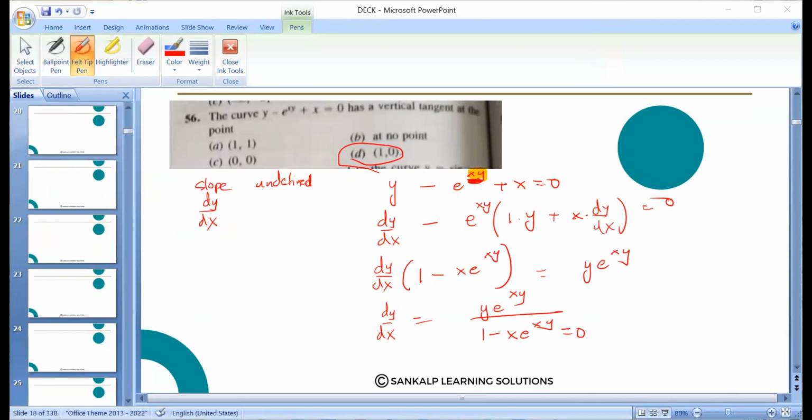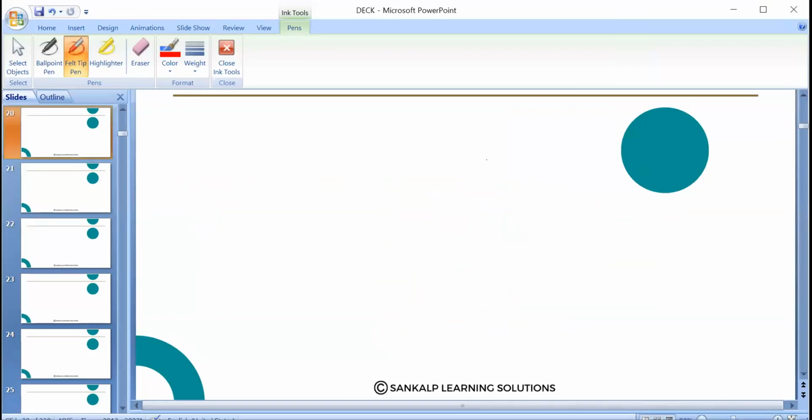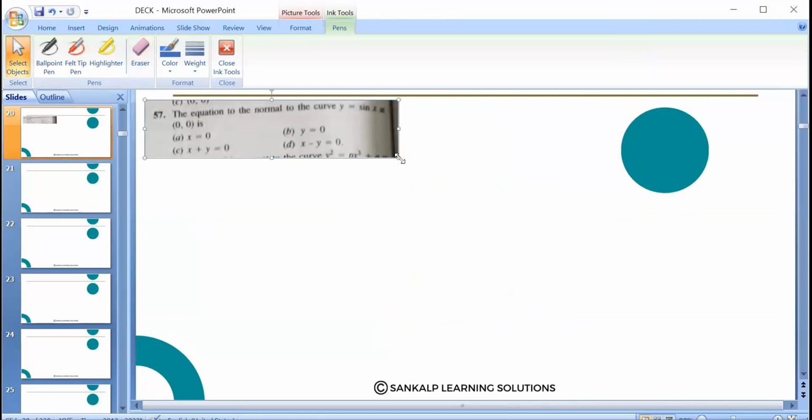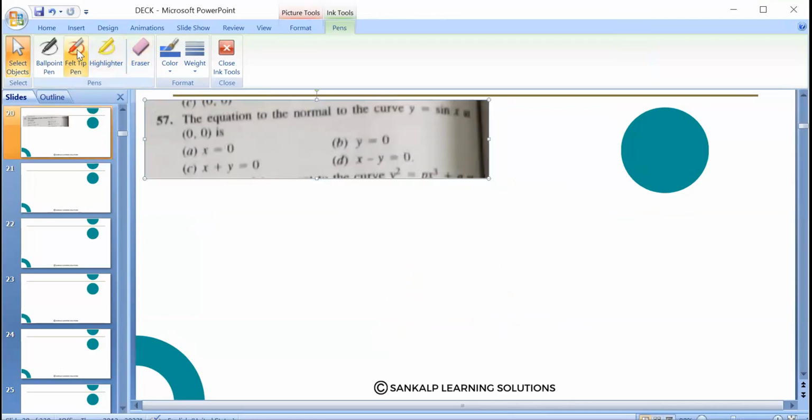Next, I will put 57. The equation of normal to the curve y equal to sin x at 0, 0. We know point is 0, 0 and we know y equal to sin x.